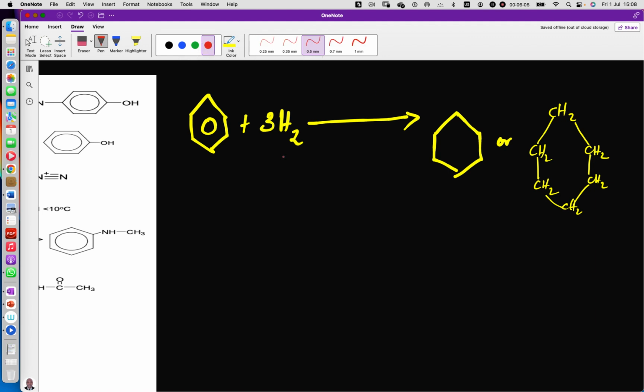The reaction conditions will be a nickel catalyst or platinum catalyst, and heating. This is cyclohexane, which is C6H12.